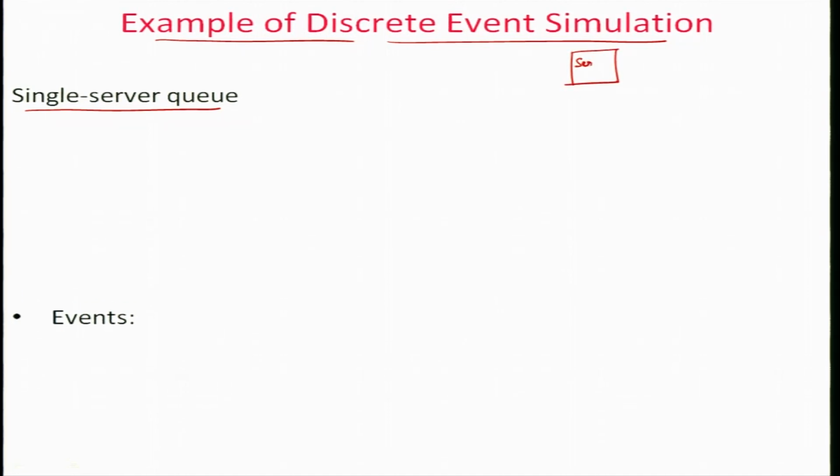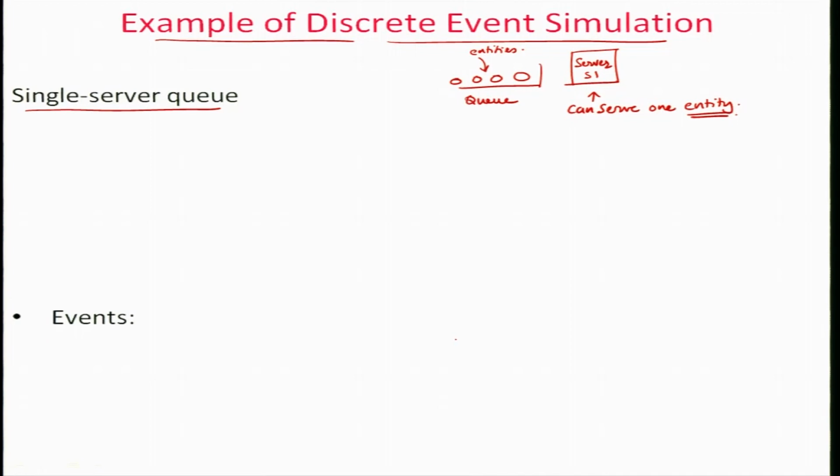Here is a server, S1, a single server, only one person is there for service, and the single server can serve one entity. Now, what is an entity? We already studied that. They are the items, things that flow through the system. And there is a queue, and the entities wait in the queue.